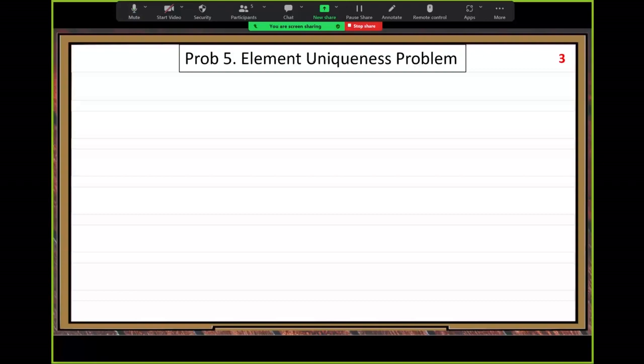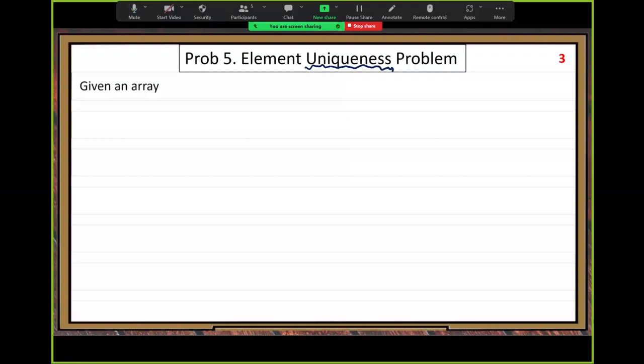Here we want to check if the elements in a given array are unique or not.